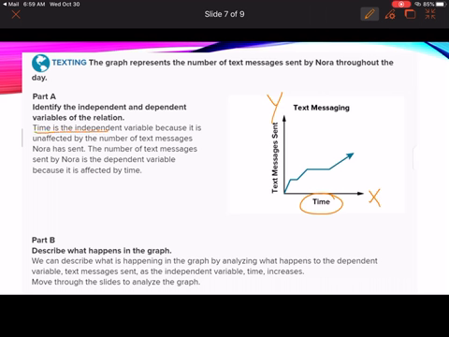So time is the independent variable. And then the dependent variable is going to be on the y. So the number of text messages sent by Nora is the dependent variable.